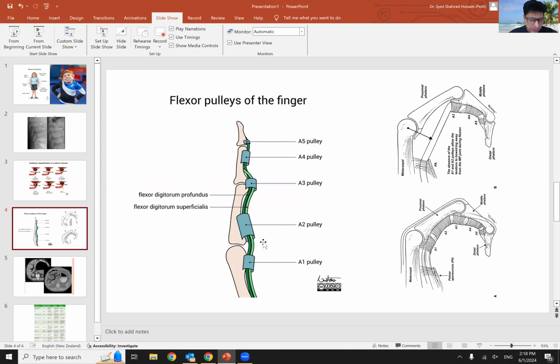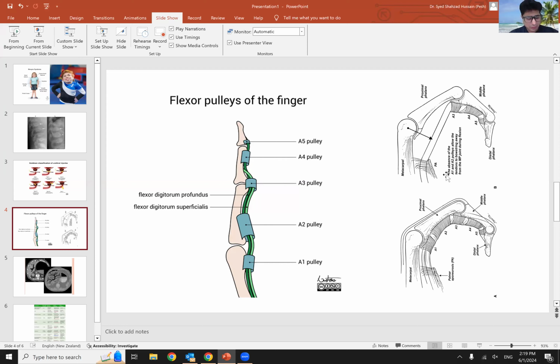By far the most commonly injured pulley is the A2 pulley in climbers, okay? I also gave you other clues, like bowstring. If the A2 pulley is gone, this becomes like a bow and a string appearance, and we do refer to it as a bowstring on an MRI, even on a CT sometimes.